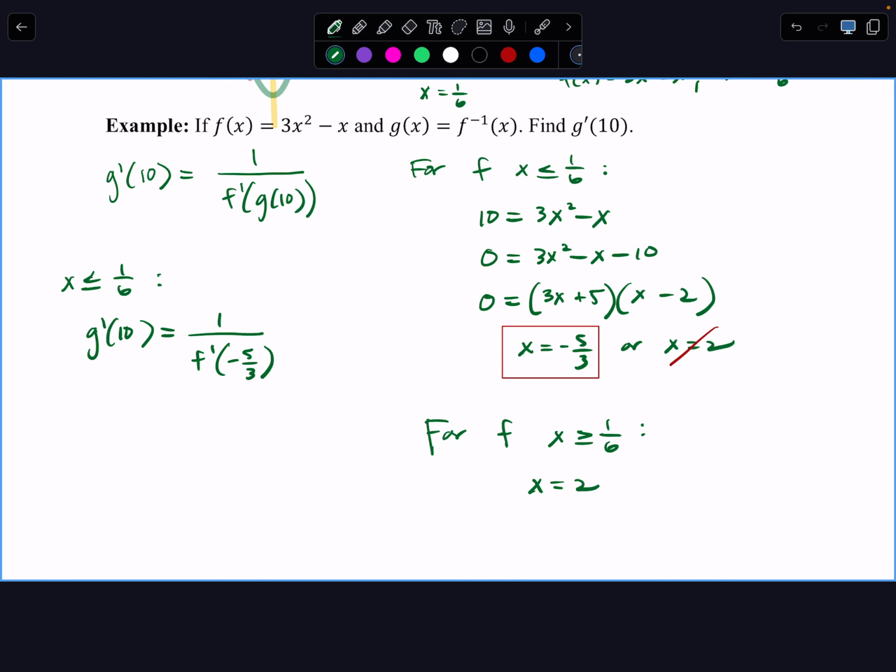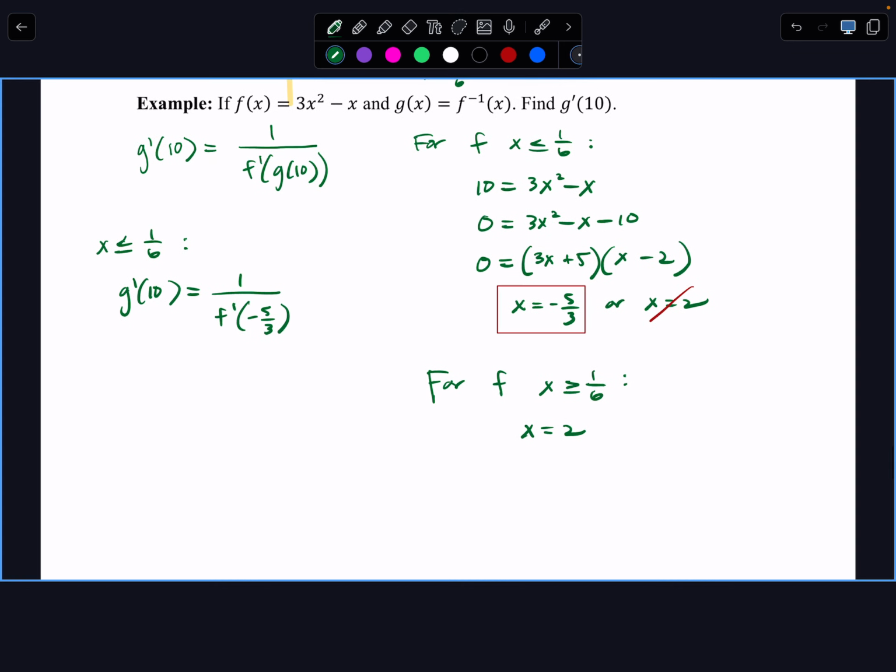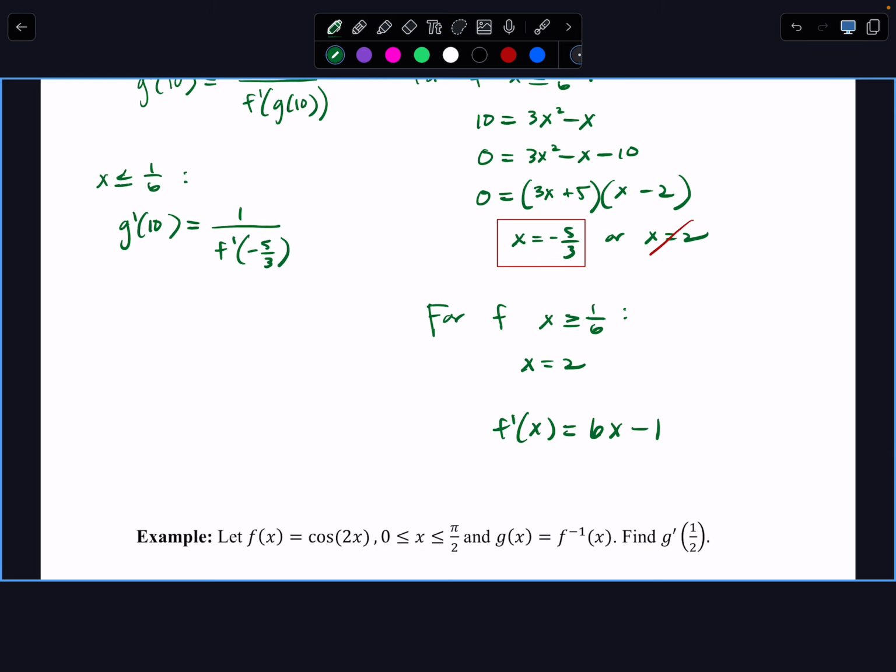So we need f prime. Oh, we already found f prime. So f prime of negative 5/3 ends up being negative 11. So negative 1 over 11.